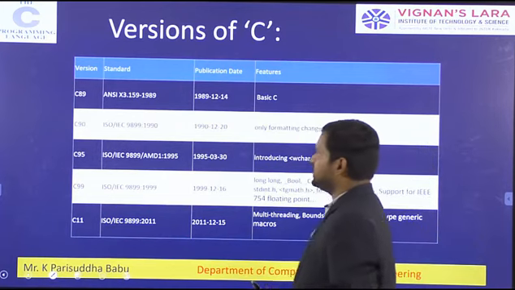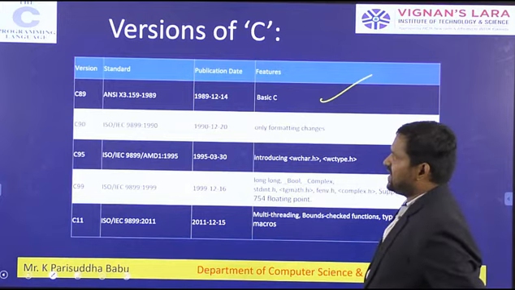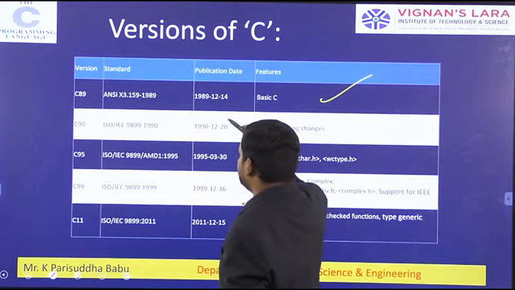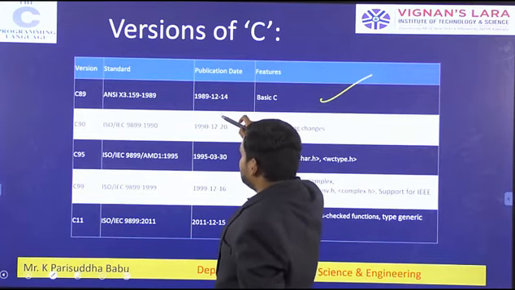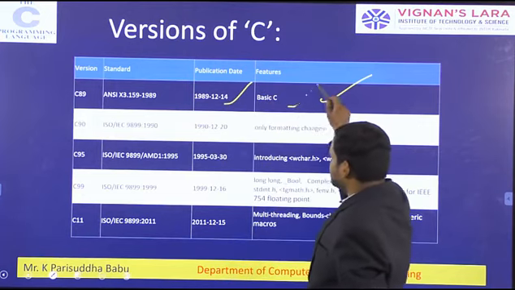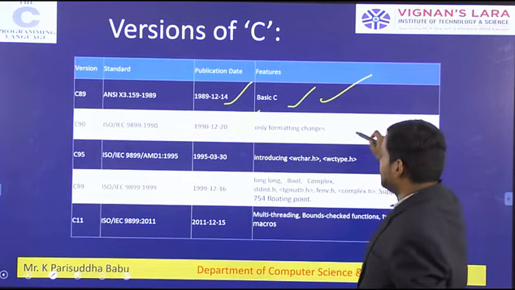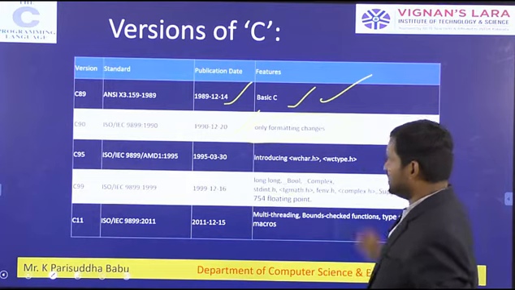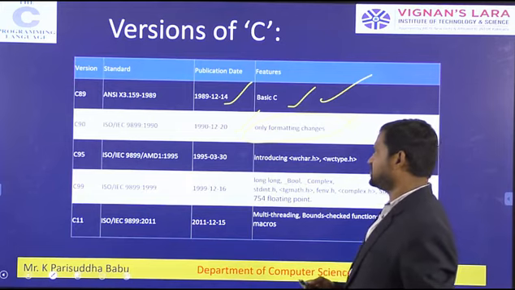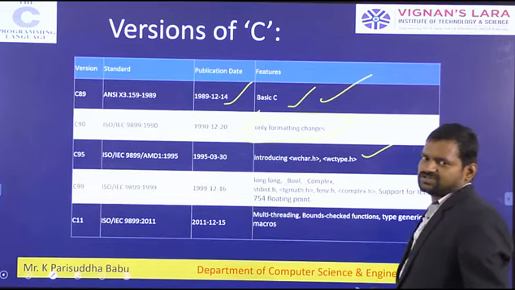Okay, versions of the standard. C89 is ANSI X3.159-1989, the publication date is 1989 for the basic C language. After that, in C90 only formatting changes are included over the previous one. After that C95 introduced the wchar.h and wctype.h files.